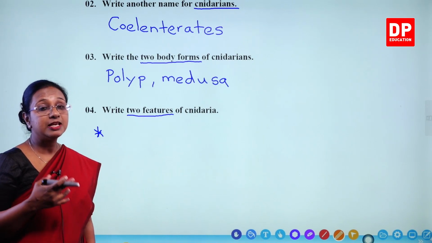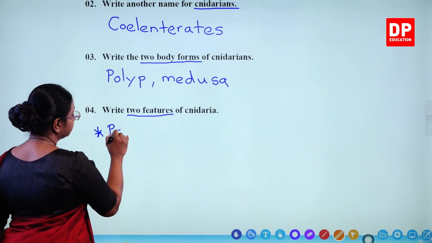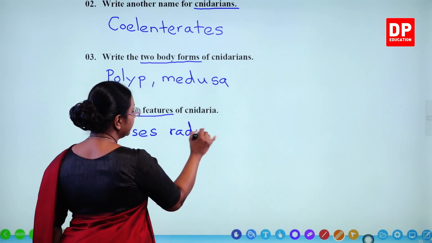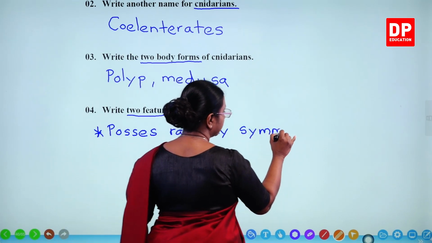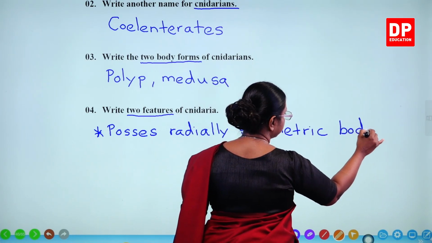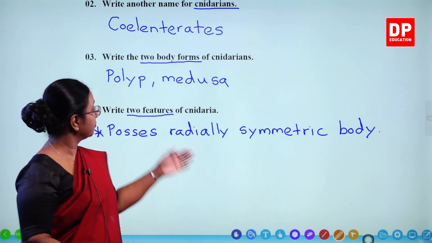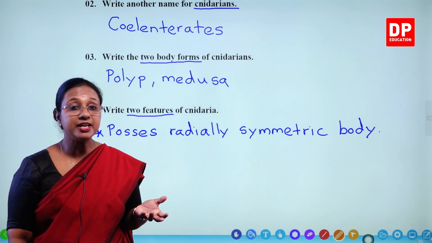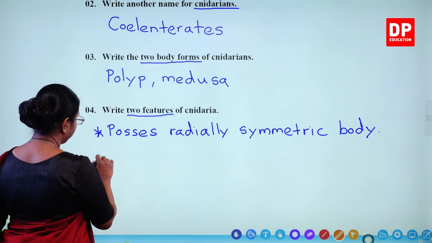Their body is radially symmetrical, or they possess a radially symmetric body. Then what else? They have two body forms that we have written here. Then they have cnidocytes present in their tentacles. So that is also something.